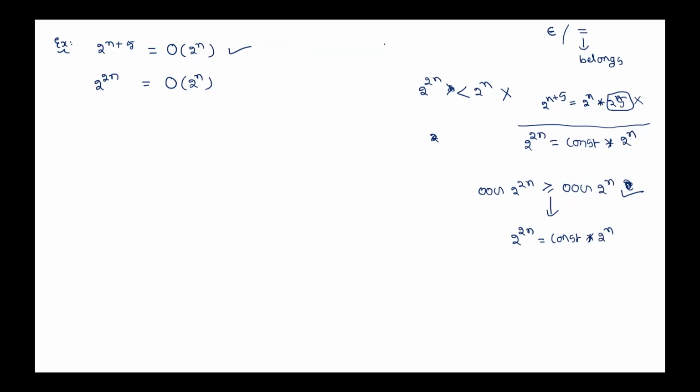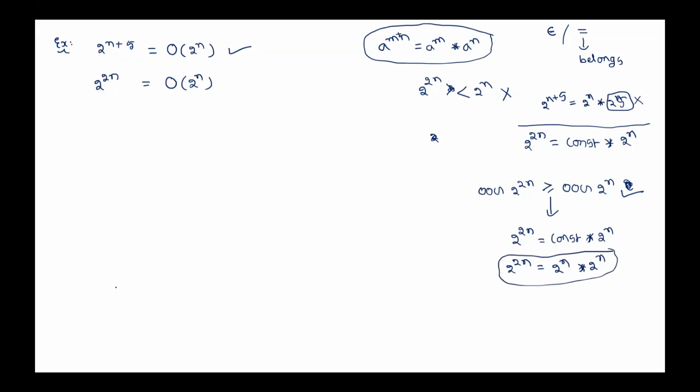We know that a power m plus n is a power m into a power n. So 2 power 2n we can write as 2 power n into 2 power n. This much we know.